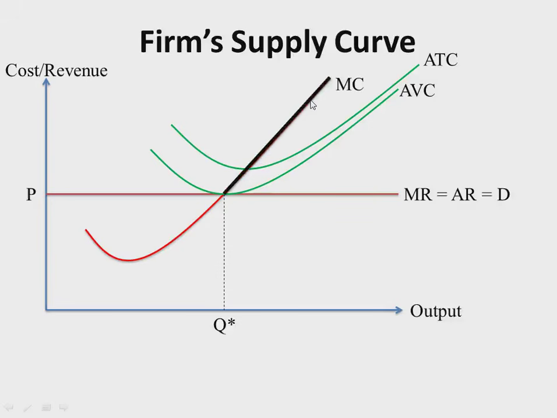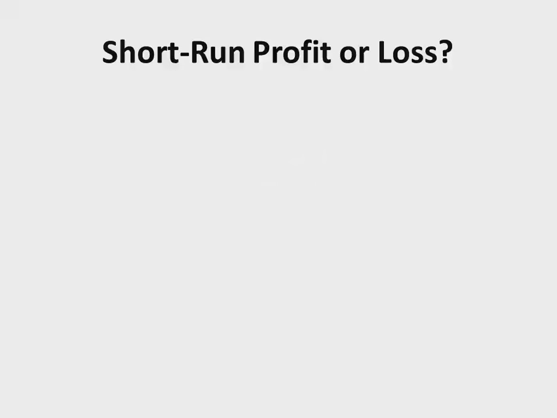So all the way from the minimum average variable cost going up, that is the supply curve for the firm. Below that, the firm will not produce.